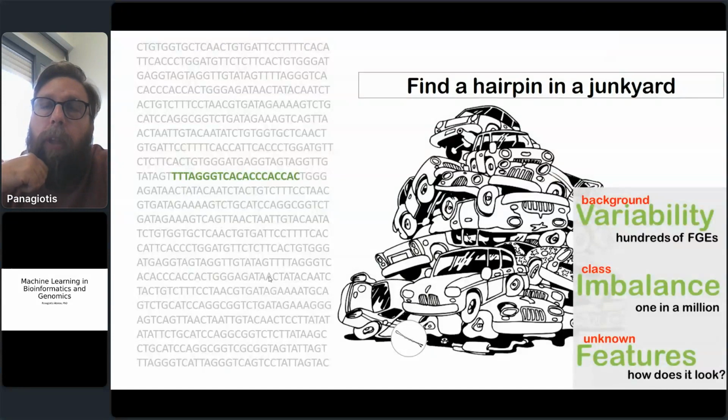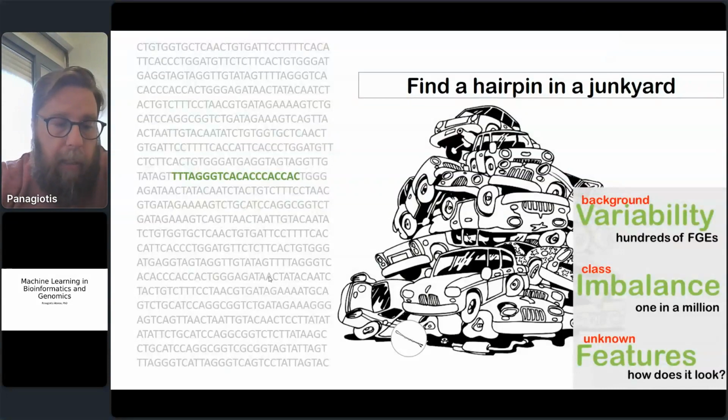So you really have to take into account that you are working with a very heavy class imbalance. There are many more negative class samples than real positives.